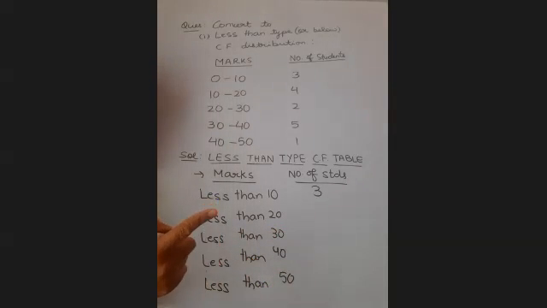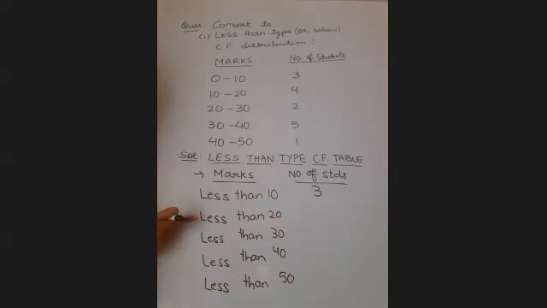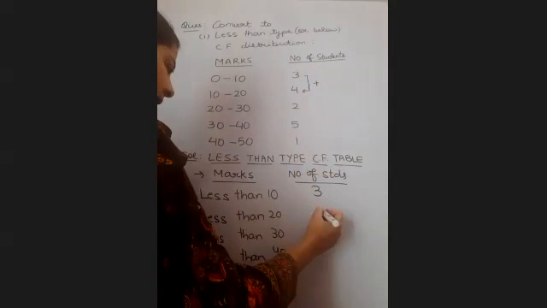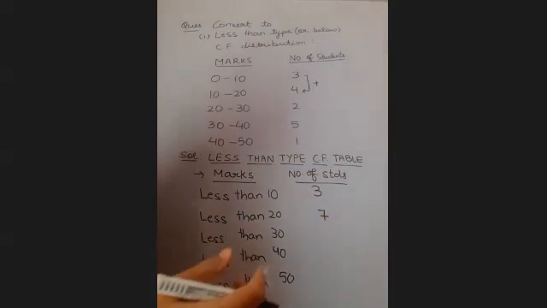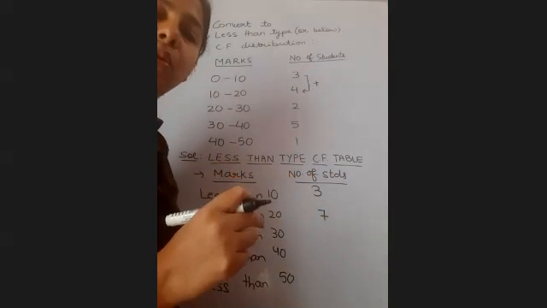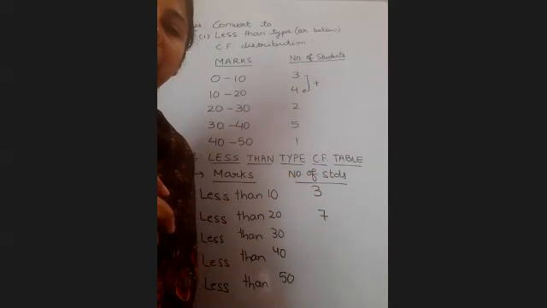Now I am asking you in the form of a statement, not in the form of an interval. Understand the statement and answer me according to your common sense. How many students have got marks less than 20? सोच समझ के answer देना. 7. Very good. Are we adding this? Yes, ma'am. Because suppose a teacher enters the class and asks, all those students who scored less than 20 marks, please stand up.